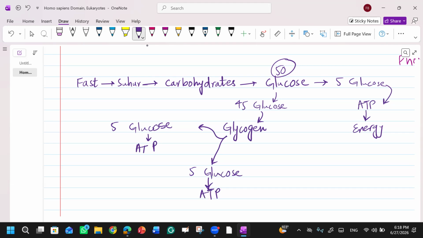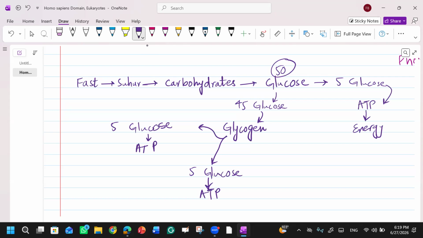Why is that so? Because glucose is stored in our body in the form of glycogen, as well as lipids. Lipids are also stored in our body, so they also provide the energy. That's why a person can survive for 2 or 3 days or so.